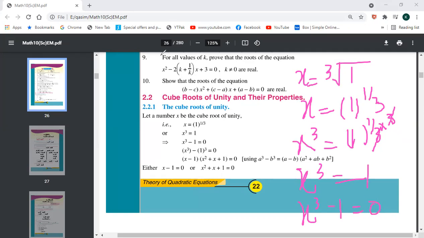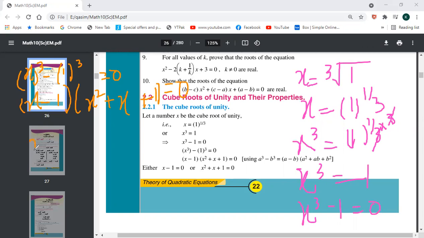Now x cube minus 1 equals 0. So for the simplification, using a cube minus b cube, that means (a minus b) into (a square plus ab plus b square), so x minus 1 into (x square plus x plus 1) equals 0.